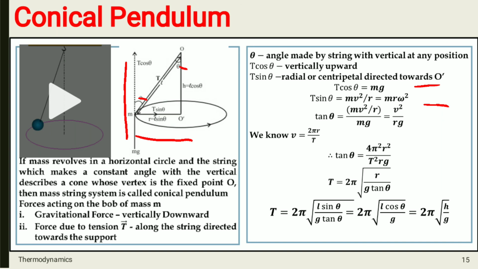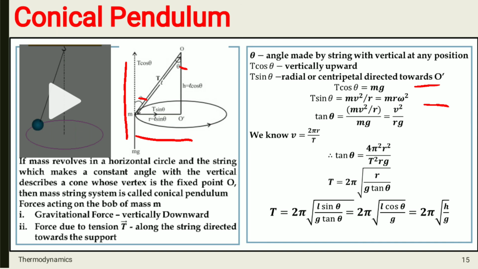L sin theta. From the figure you can say r is equal to L sin theta, divided by g tan theta, and instead of tan theta you can write sin theta divided by cos theta. So sin theta will cancel, then you will get 2 pi under root of L cos theta divided by g, which is equal to 2 pi under root of h divided by g.